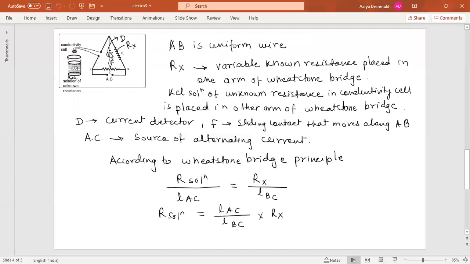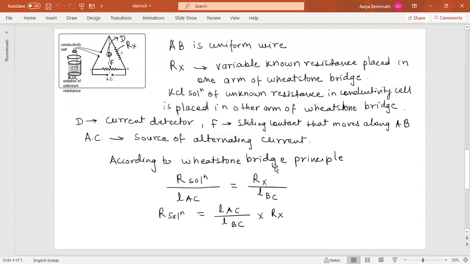And F is the sliding contact that moves along this AB wire. Whenever there is a conduction of the electric current here, this is shown by this current detector, D. And this F is the sliding contact which moves along this length AB.